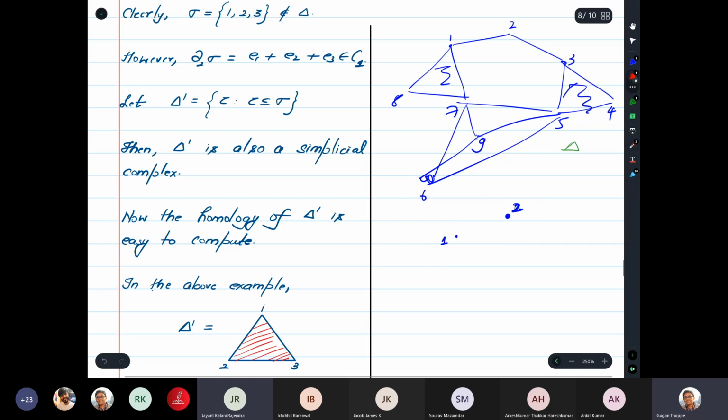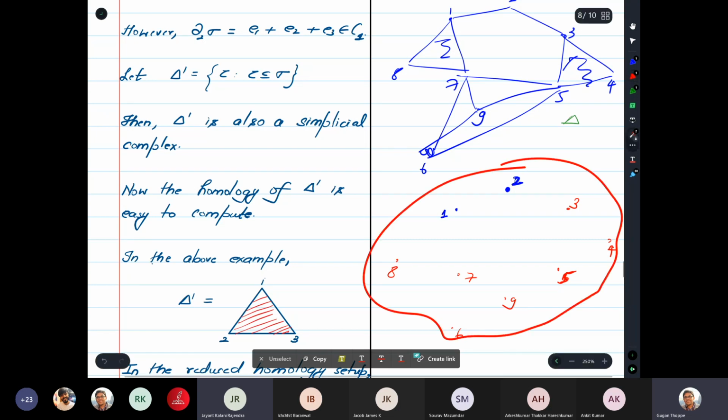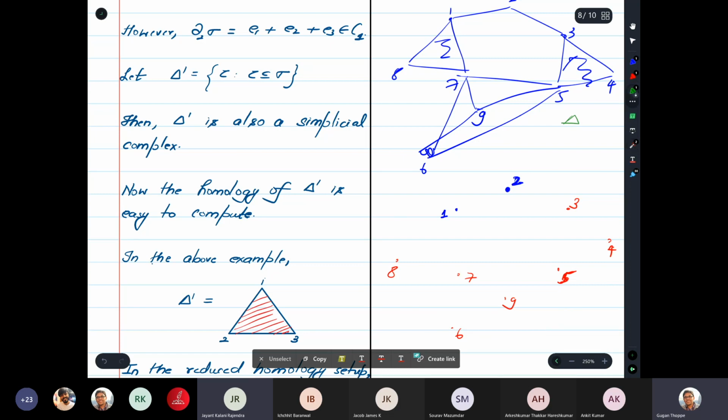And similarly, you can add these different vertices one by one, and you can sequentially update the homology spaces of the resulting simplicial complex, right? So you can do it in this fashion. Let's say you add these vertices in this way. So at this stage, you will know the homology spaces associated with the union of these 9 vertices, right? And then you can slowly add this thing over here, right?